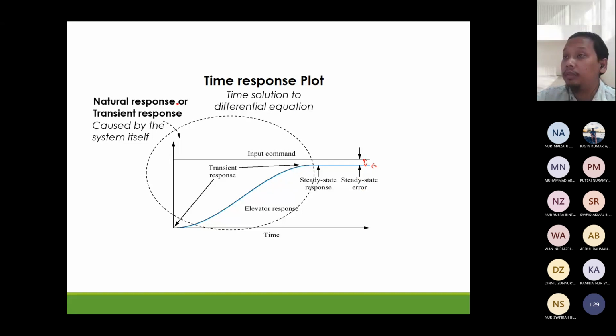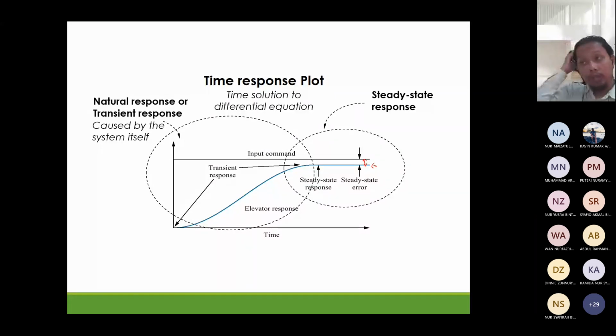We have the natural response or transient response, usually represented by the first curved part, and then the steady state response, represented by the steady part of the response.